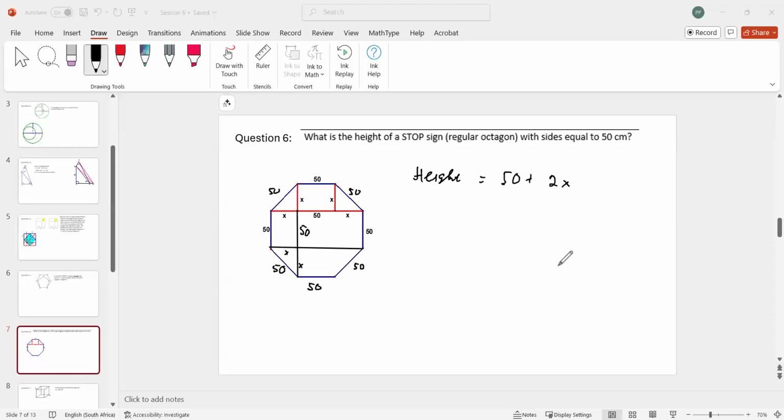Okay. So the problem is to find x, where x is, when you join these two diagonals, you will see where you get a right angle triangle. Why is this a right angle triangle? Well, you can try to prove it. It's not very easy to prove, but in an octagon, the interior angle is 135 here, and one can show that this is 45.